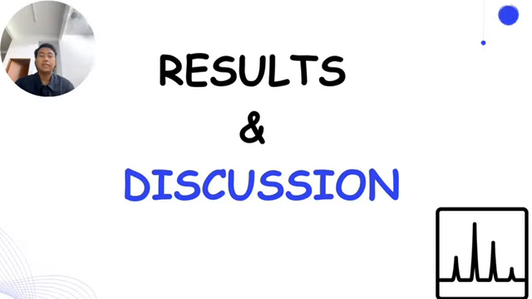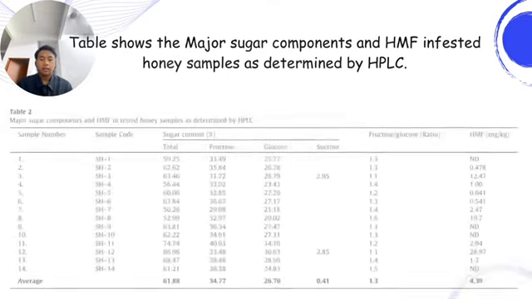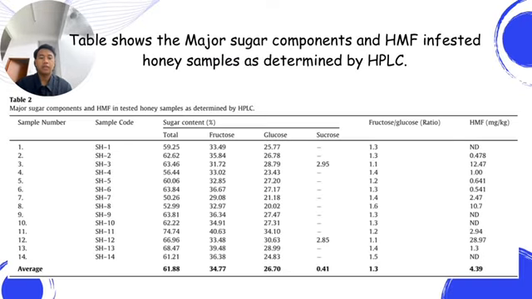Result and discussion. The table shows the major sugar components and HMF in the honey samples as determined by HPLC. The determination of different sugar contents is employed to distinguish pure honey from adulterated ones.